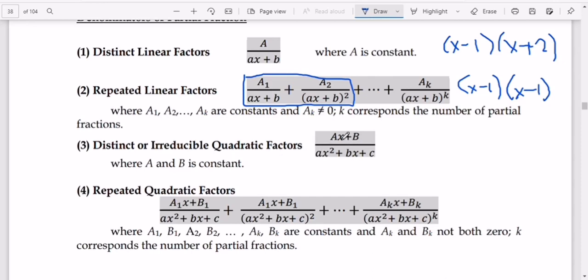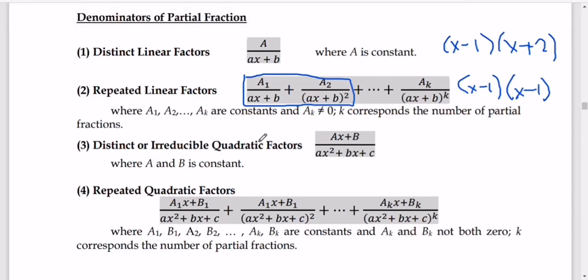For a given rational expression to be partially decomposed, we need to transform it into this: ax plus b over ax squared plus bx plus c. Take note that this is a quadratic expression that is not factorable, so there is no factor or roots here, where a and b again are constants.